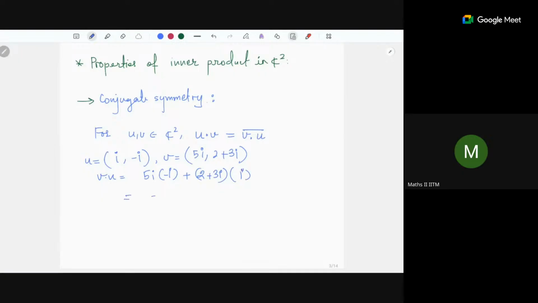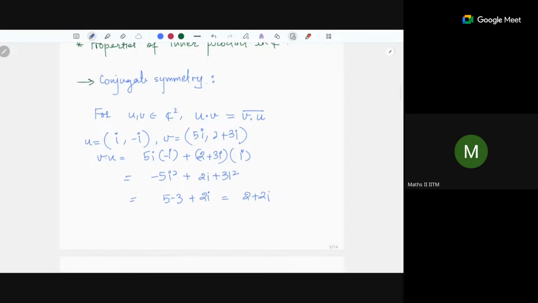So you will get minus 5i squared plus 2i plus 3i squared. This value is 5 minus 3 plus 2i, so 2 plus 2i.